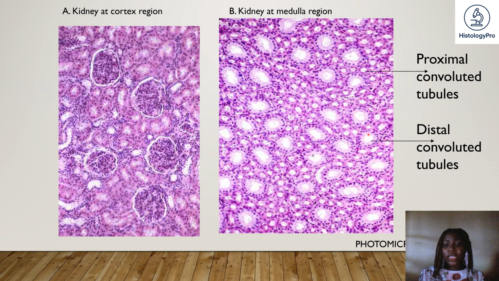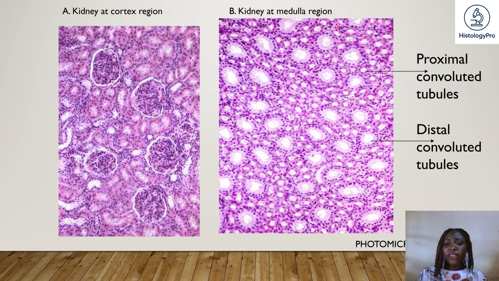Also, the nuclei of the distal convoluted tubules are round, centrally placed, but they appear more distinct and fewer per tubule due to thinner cytoplasm. So in this slide, you can successfully distinguish between the proximal convoluted tubule and the distal convoluted tubule in your kidney slides.